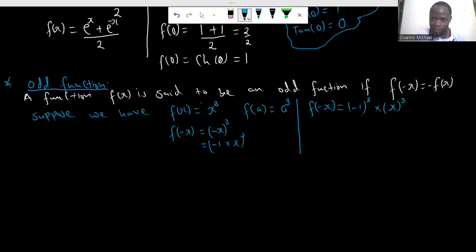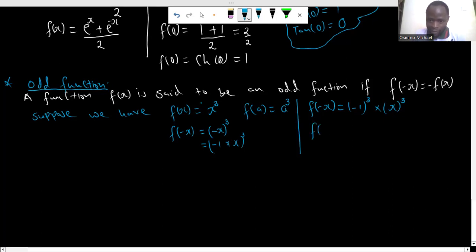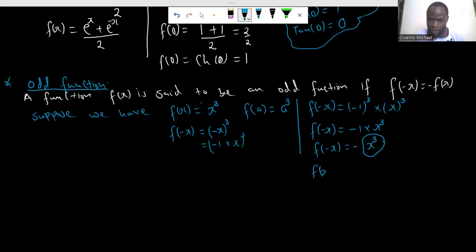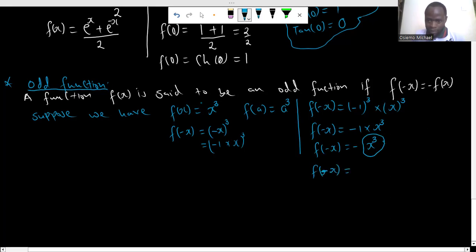So that negative 1 cubic is negative 1 because it is negative 1 times negative 1 times negative 1. You'll get is equals to negative 1. So f at negative x is equals to negative 1 times x cubic. So you get that f at negative x is equals to negative x cubic. But this x cubic is our f of x. So you can have it as f at negative x being equal to negative f of x.